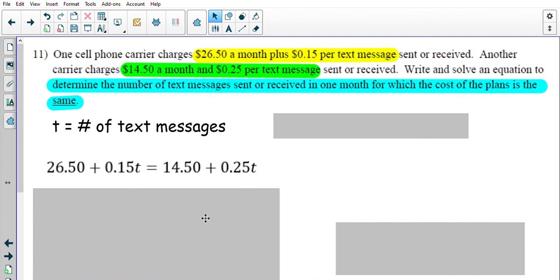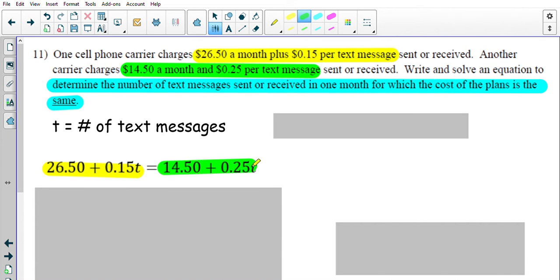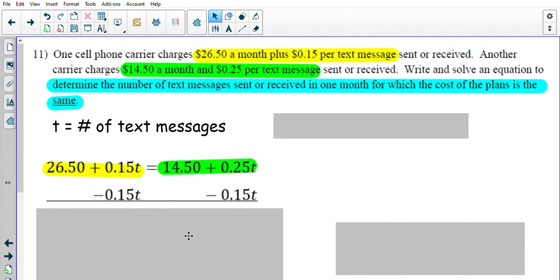So we can have $26.50 plus 0.15T. That's our first plan. I'll highlight that in yellow. And then $14.50 plus 0.25T, which is our second plan. And of course, we set them equal to each other. Now I have a 0.15T and a 0.25T. 0.15T is smaller and it's positive, so I would subtract it from both sides.